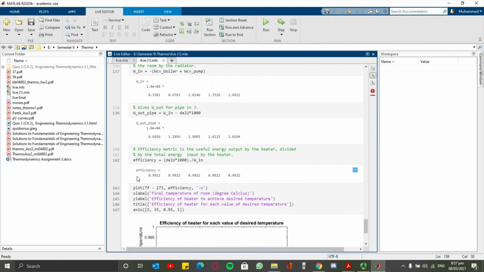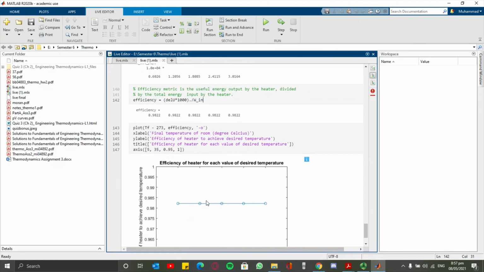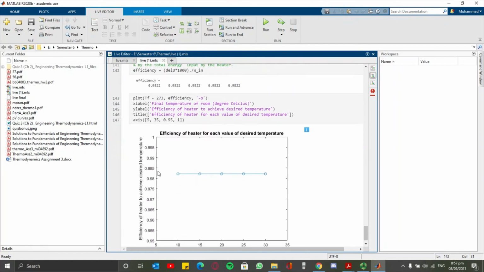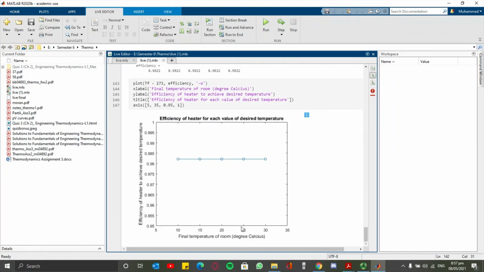So the efficiency was about the same for each desired value. So we got about 98.22%, which is exactly the same for each desired temperature that we need.